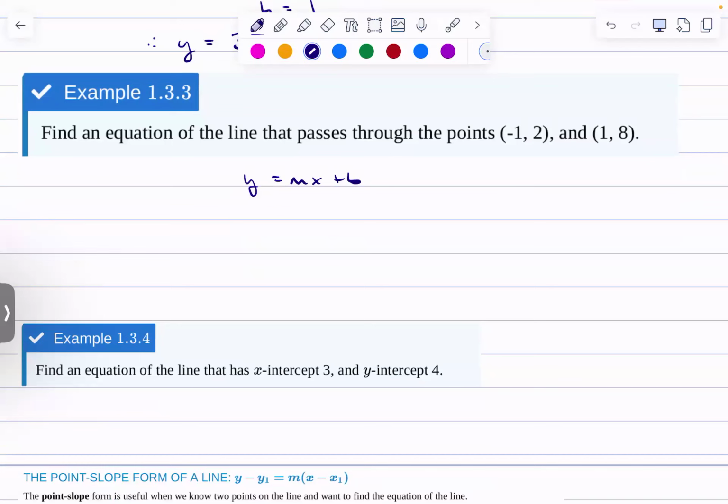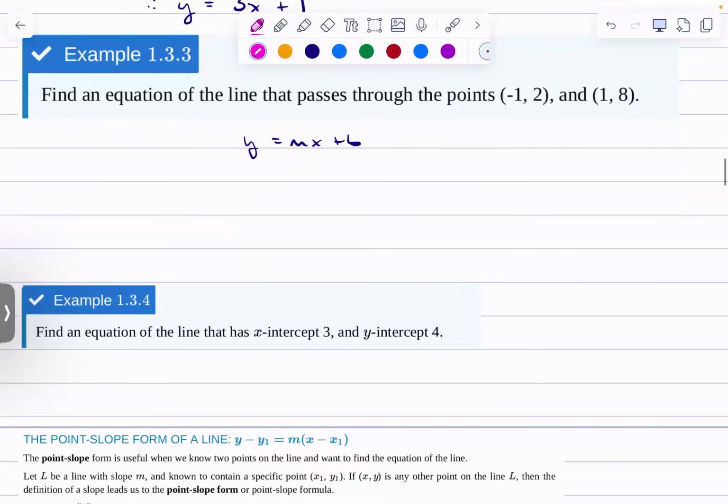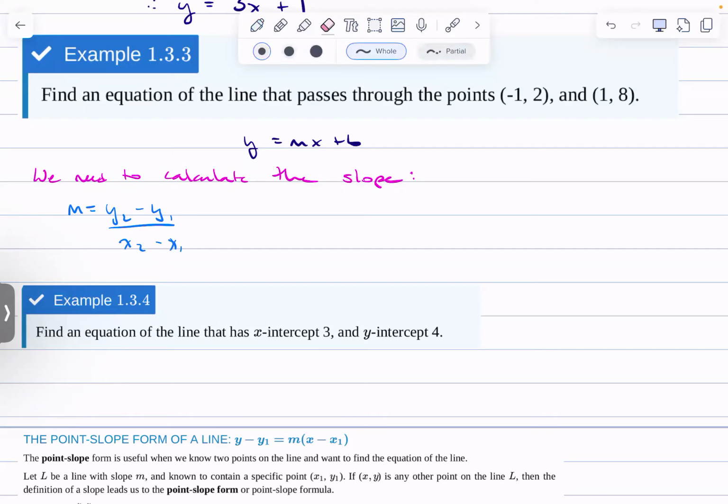And so here, we need to calculate the slope. Generically, m is y2 minus y1 over x2 minus x1.